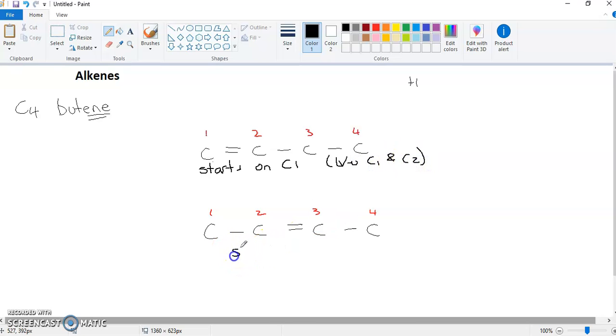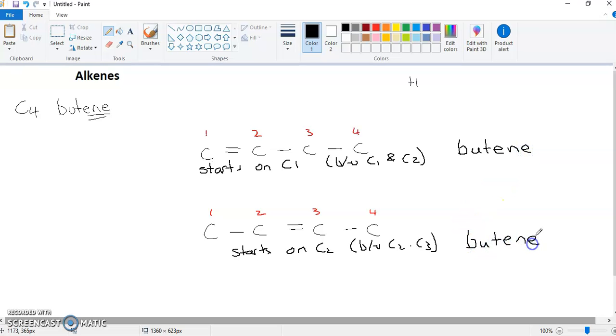And this one here, it starts on C2 because it's between C2 and C3. Okay, so that tells us how to name these things. This one is butene, that's fine. This one's also butene. And we've got to be able to tell the difference between them.